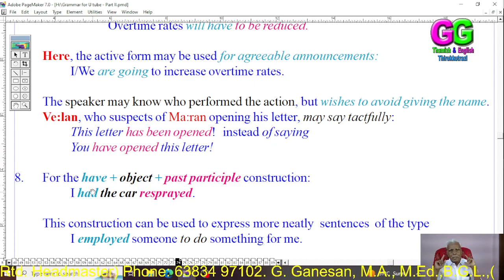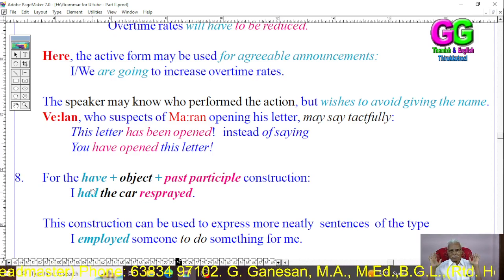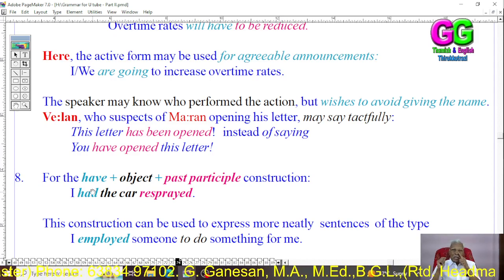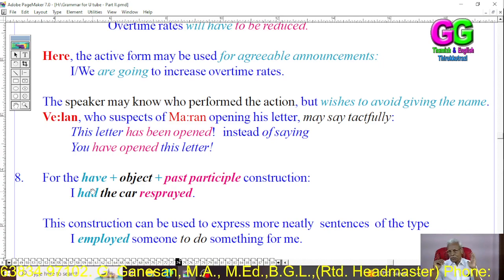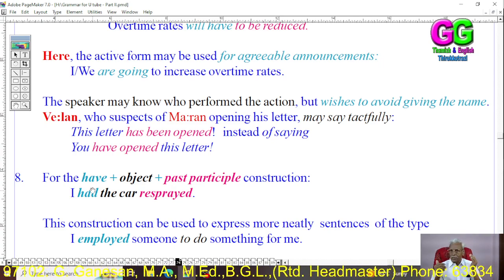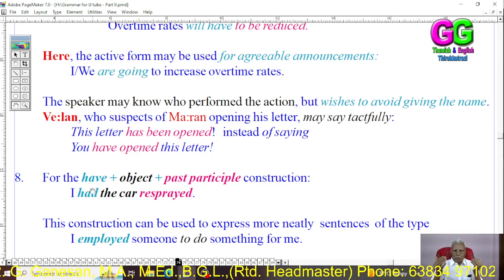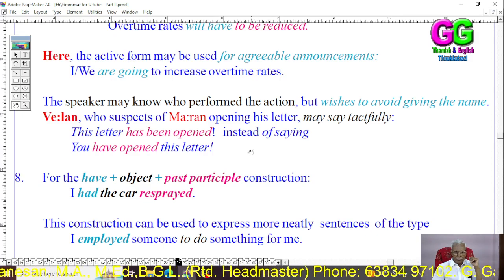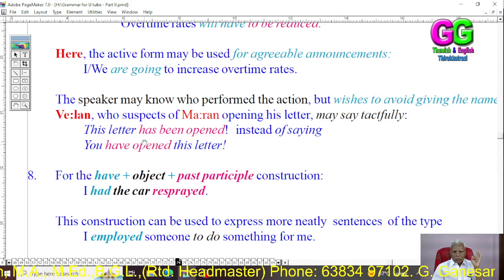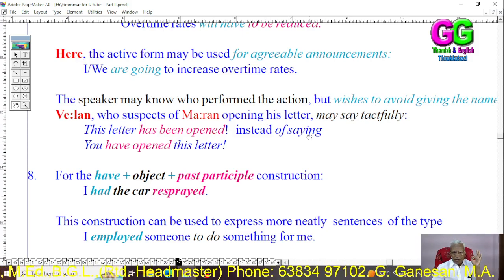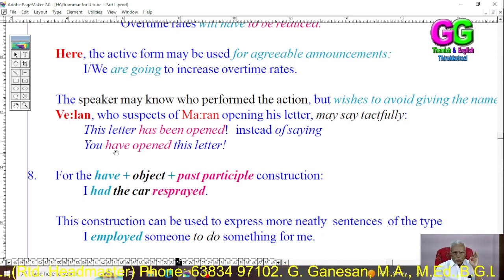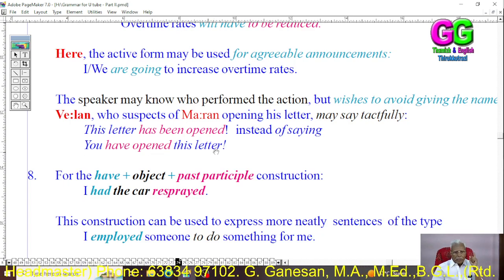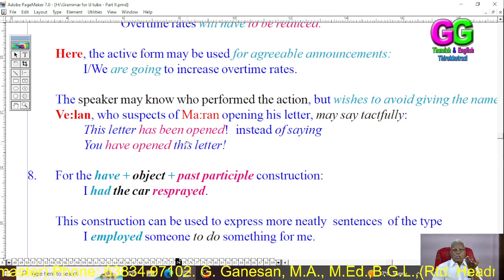This is a decent way of expressing. Passive voice can be used. Instead of telling, you have opened this letter, it is better to say this letter has been opened.